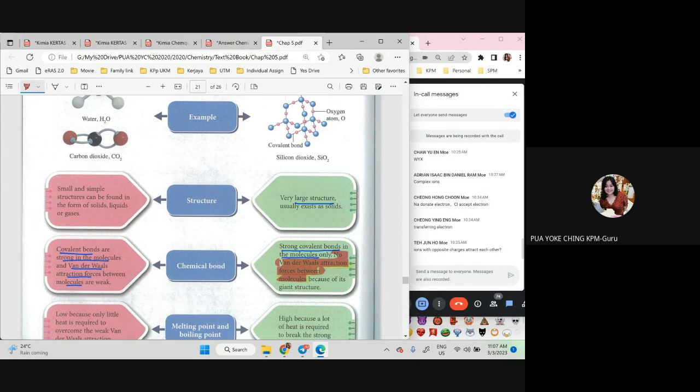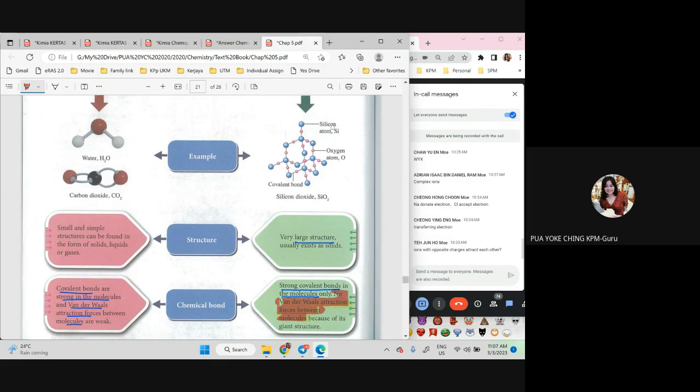Dia tak ada molekul lain. So kalau you tengok this one, ini adalah satu molekul. Dan dia boleh sambung lagi. So dia boleh jadi satu yang sangat besar dan semua connected as one.